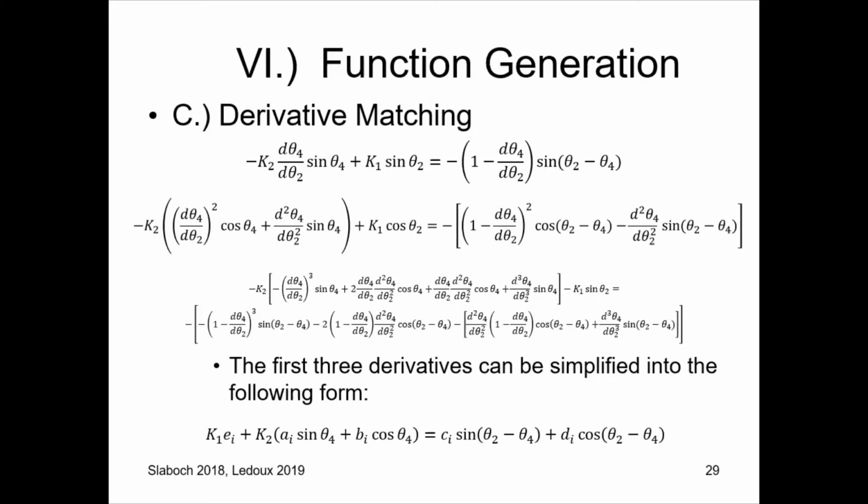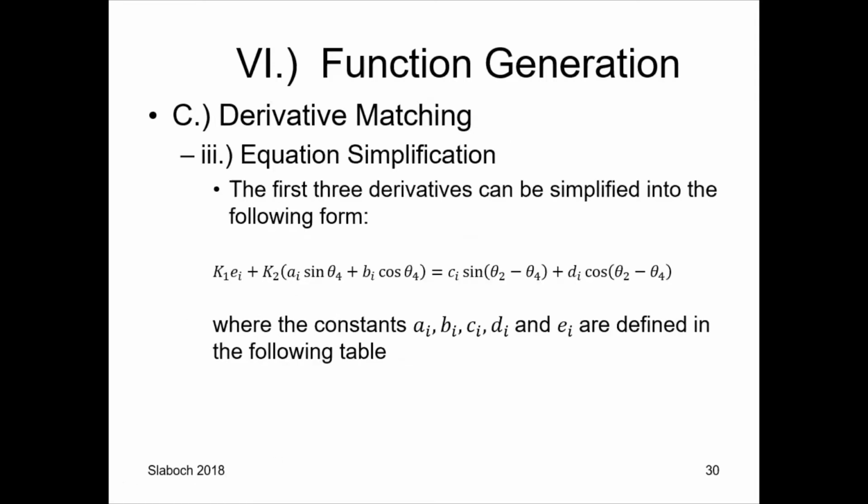So then we can put the first three derivatives into the following form, this form at the bottom here. So we've got coefficients A, B, C, D, and E, where the i represents which derivative it is. So for first derivative, second derivative, and third derivative, you can put these letters into a table and calculate them.